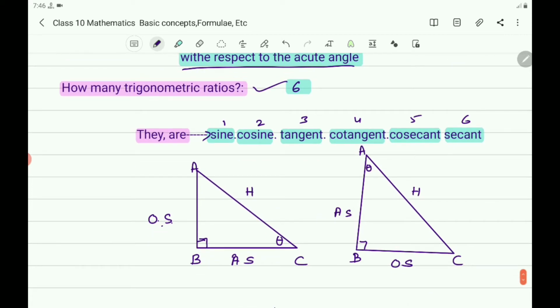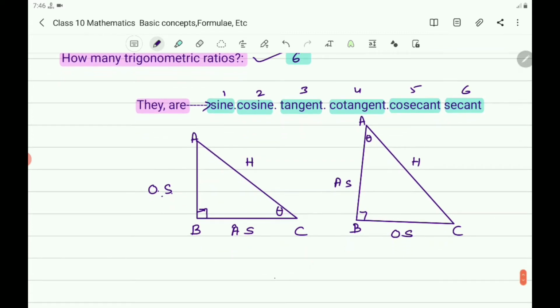Now here you can express those ratios in terms of the ratios of the sides of the right angle triangle. Now consider the right angle triangle ABC. You know that angle A and angle C are the acute angles. If you consider the angle C, normally by using the Greek letter, an angle can be represented by the letter theta. This is read as theta.